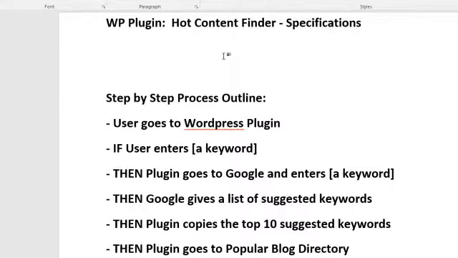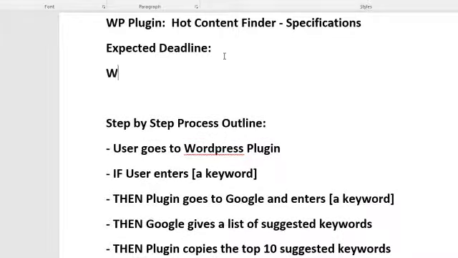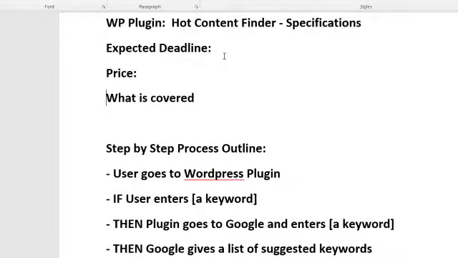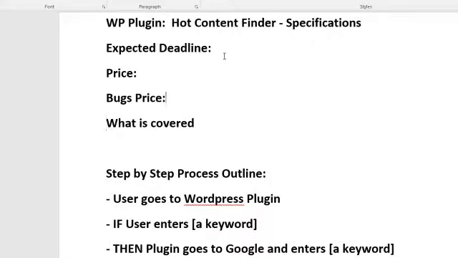Now, you still need to write down the deadline, and this is something that you're going to agree upon with the programmer. Expected deadline, what is covered for the price. So price, bug price, because that's something that most people don't think about. They don't think about the bugs. And every program is going to have bugs.